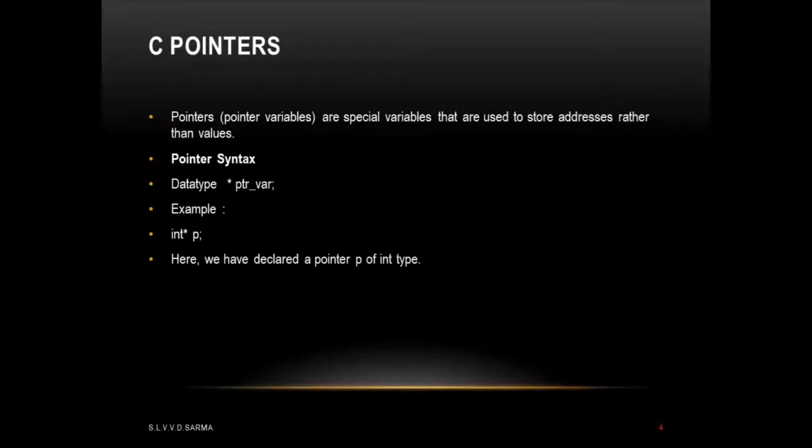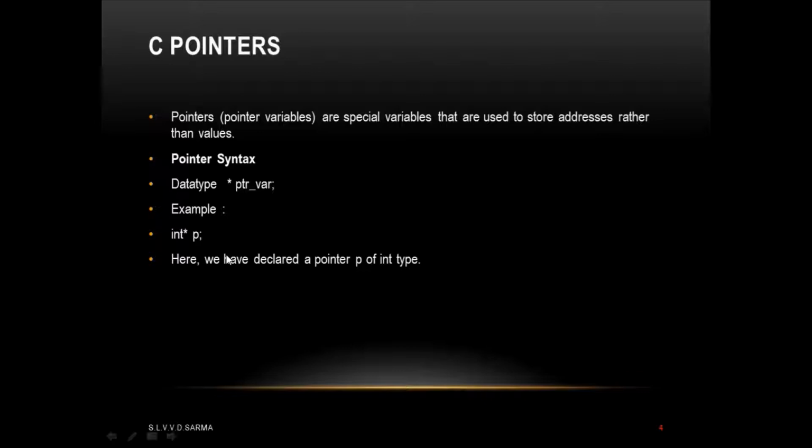Here we have declared a pointer p. What is p? P is a variable. What type of variable? A pointer variable, so we give asterisk p. You can write either int asterisk space p or int space asterisk p.